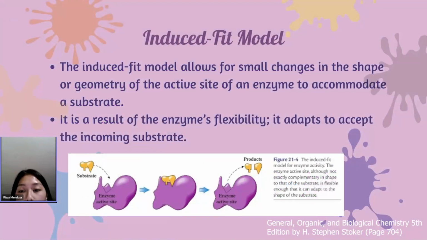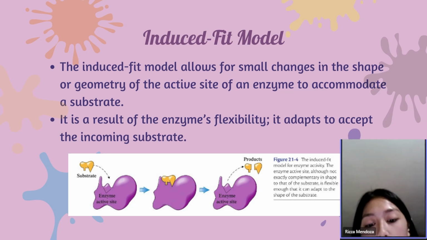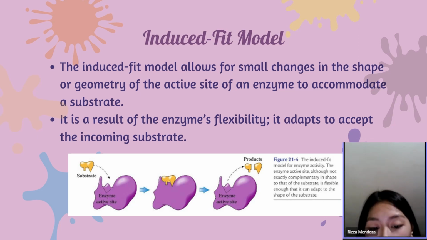The next type of model is the induced fit model. The induced fit model allows for small changes in the shape or geometry of the active site of an enzyme to accommodate a substrate. A good example is the change that occurs in the shape of a glove when a hand is inserted into it. The induced fit is a result of the enzyme's flexibility.